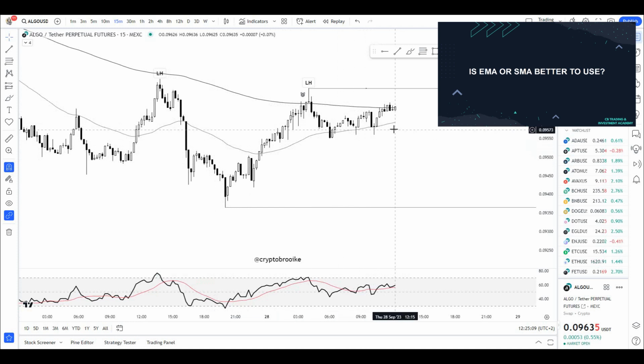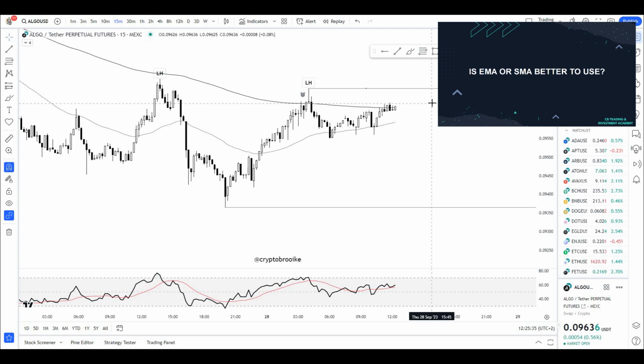So people tend to say that the EMA is a bit more reliable because it moves better with price. So on a spike up, you'll see the EMA move quicker up than the simple moving average.